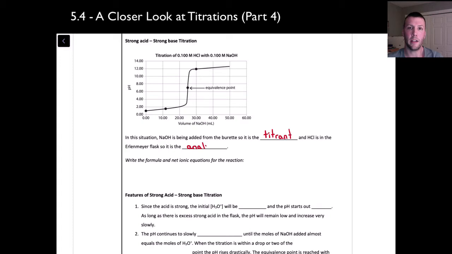We're going to start by writing the formula and net ionic equations for the reaction as shown here.